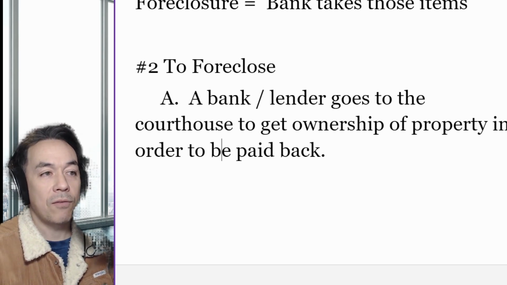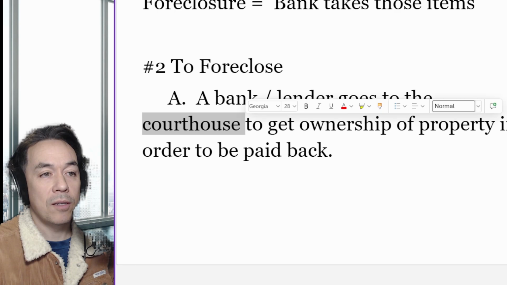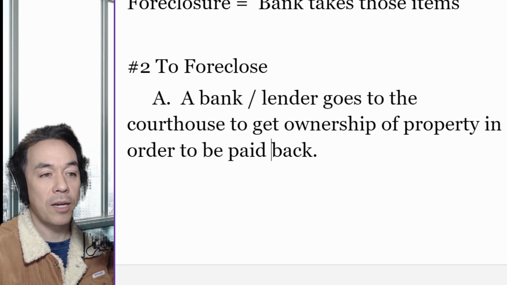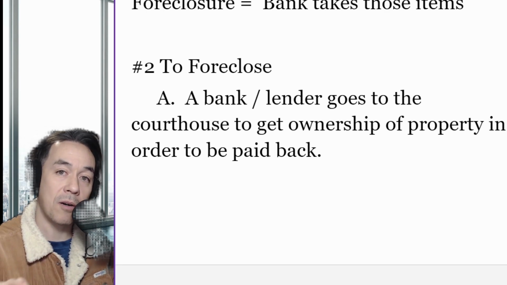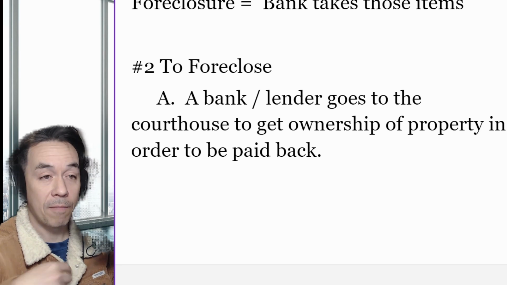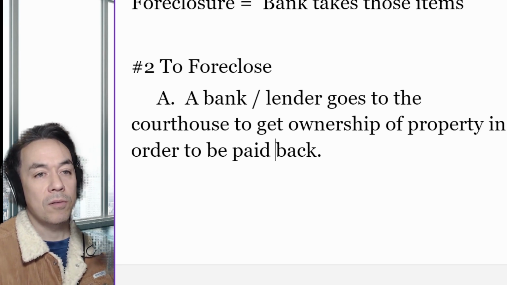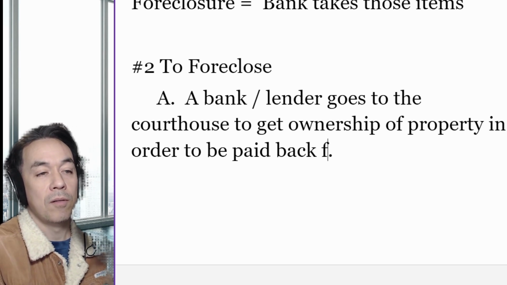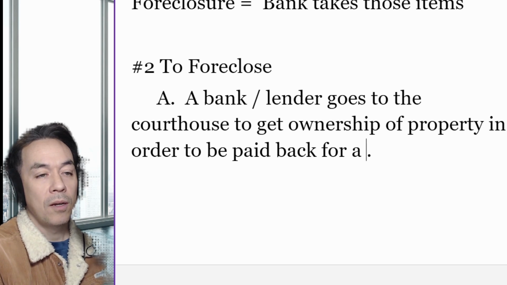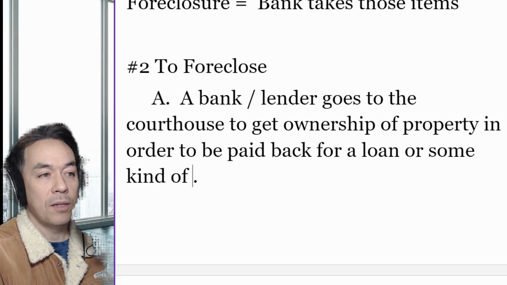But to do that, they have to go to a court, legally request those items. They should not belong to the borrower anymore. They should come to me. Get ownership of property to pay back for a loan or some kind of agreement they had.